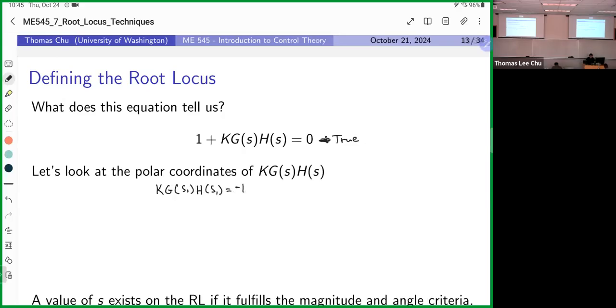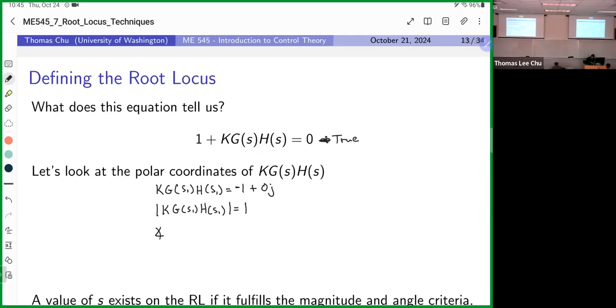That's a true statement. And I'm going to put a 0j right here because there's no imaginary component to it. Then the magnitude of k times G(S1)H(S1) is equal to 1 because we're just taking the magnitude.